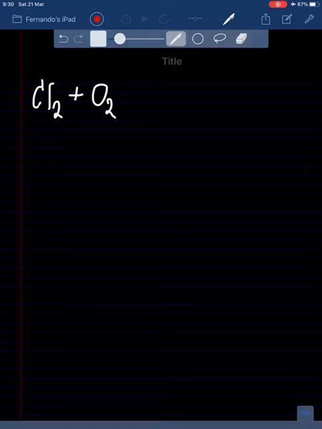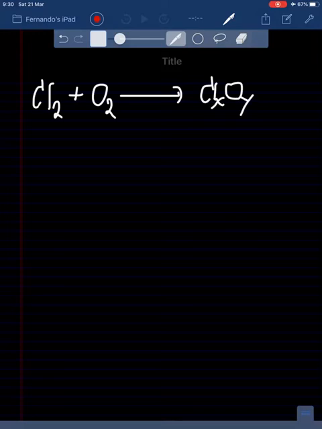So it's the oxidation of chlorine. If that is true, what you're going to get is the bonding between chlorine and oxygen, but we don't know the proportion. You can have X and you can have Y. How are you going to know? How can you manage to solve this problem?